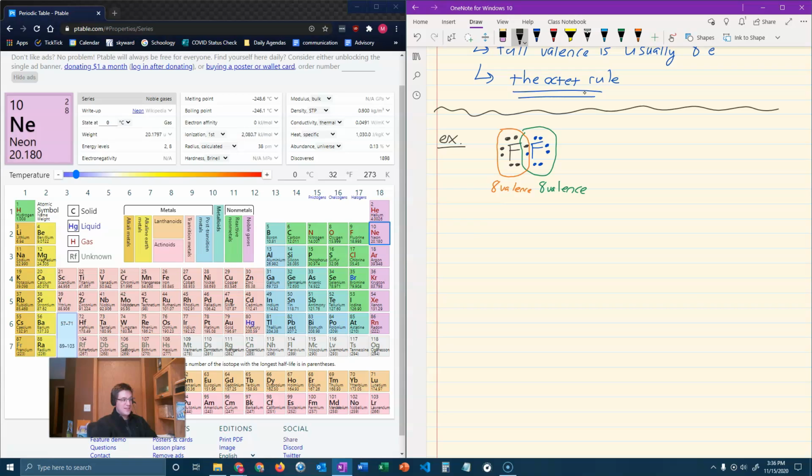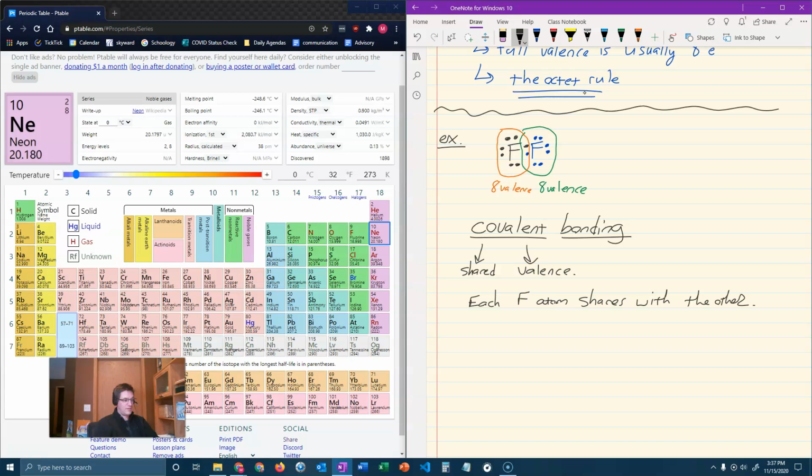Okay, so this is called covalent bonding, and this is one way that atoms can get their octet rule satisfied, by sharing. Okay, co means shared, valent means valence. Each fluorine atom shares with the other. And that's a really nice strong bond.